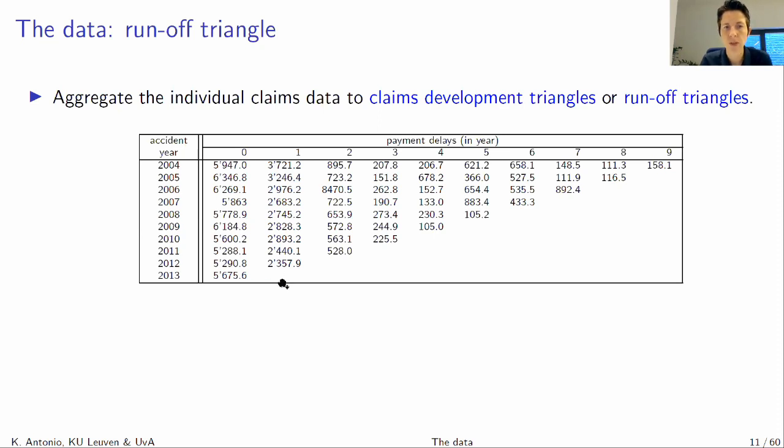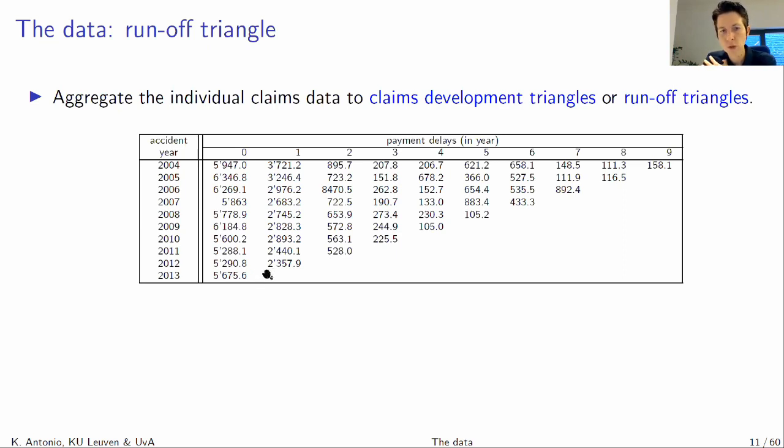If I move to the next column, that would be the future, what I would pay in the next year for accidents that happened in 2013. You may have noticed that all the numbers on the same diagonal are payments that we make in the same calendar year, or accounting year. For example, the most recent diagonal holds all payments done in the year 2013.